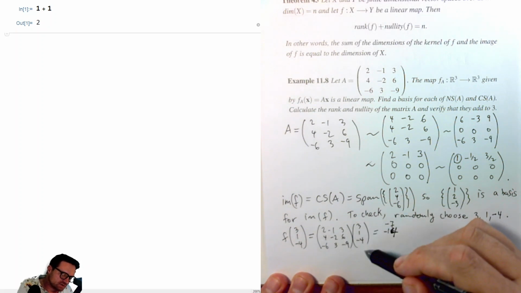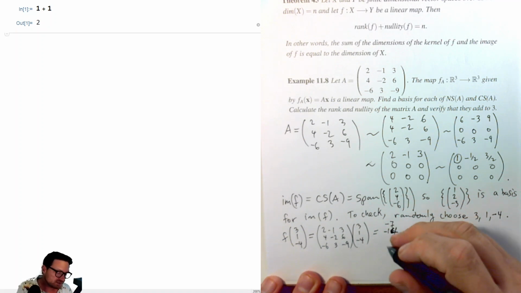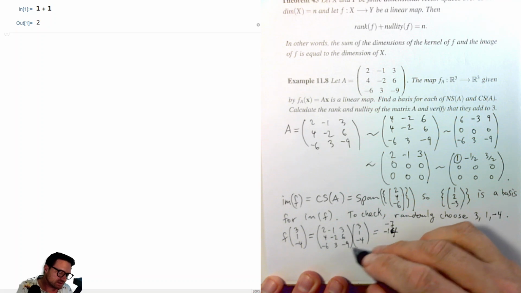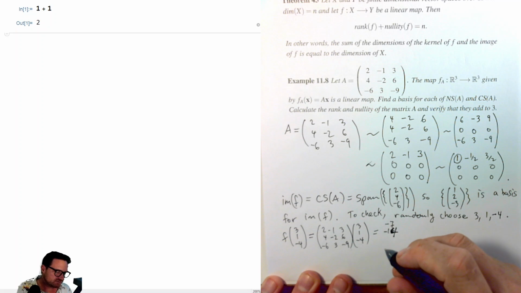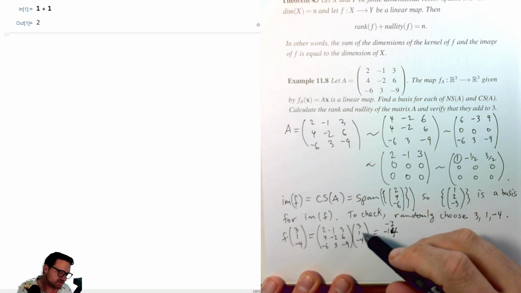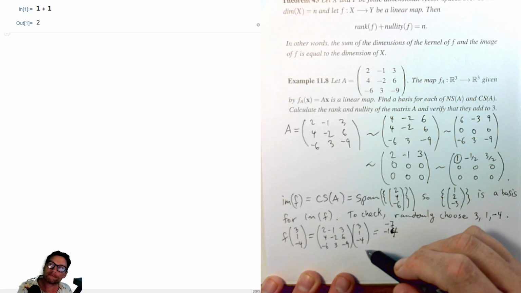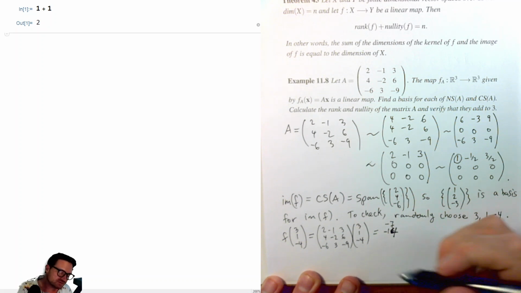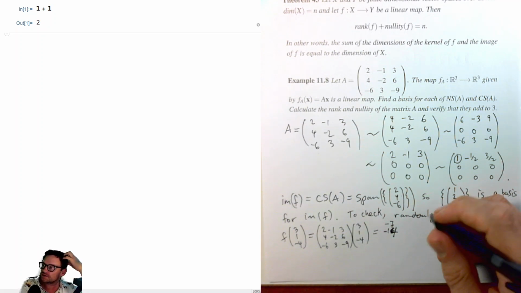Okay, last row times this column: -18 plus 3 is -15, then plus 36. 36 minus 15. Have I got that right? -18 plus 3 is -15. Okay, 36 minus 15 is 21, isn't it?